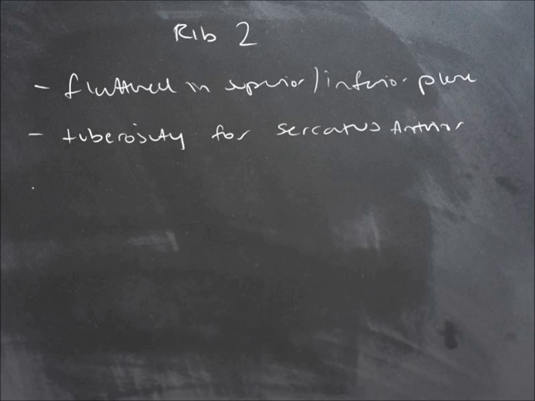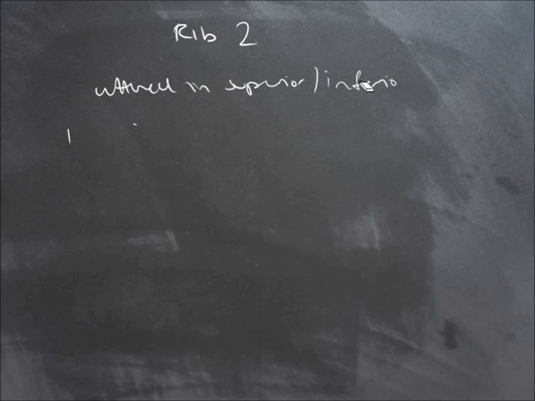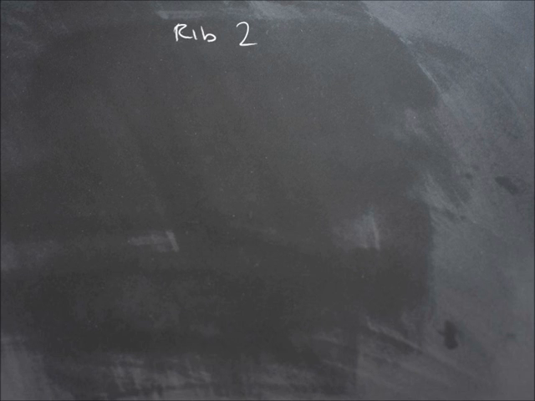Posterior to this tuberosity is an attachment site for another muscle, and this is for the muscle called scalenus posterior. Okay, let's draw this rib now. Rib 2 is larger than rib 1, even though it's flattened in that superior inferior plane. You'll definitely be able to tell the difference between rib 1, rib 2, and a typical rib.